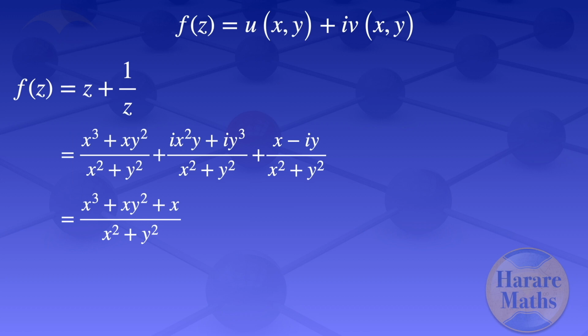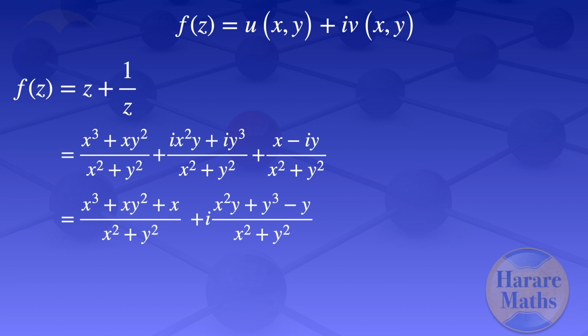For the imaginary parts, we have this one here and the part where we have the iy. Combining the imaginary parts, we get i multiplied by x squared y plus y cubed minus y divided by x squared plus y squared.